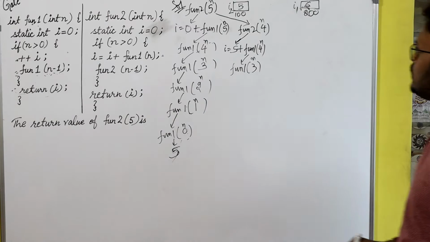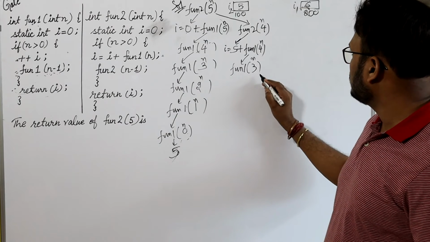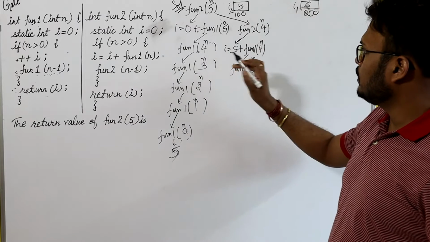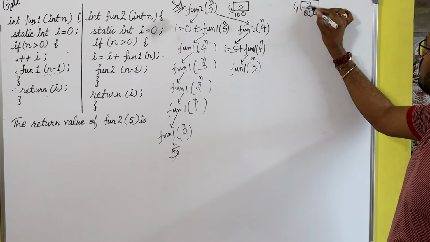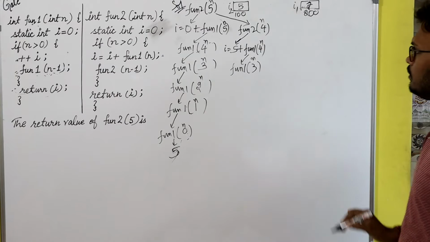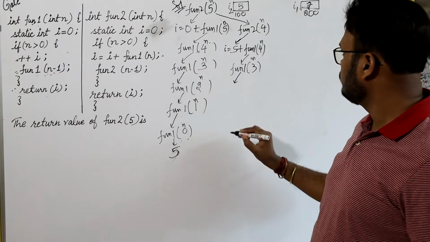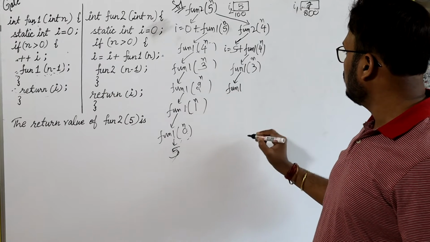Yes, 3 is greater than 0. Since 3 is greater than 0, the value of I will be incremented by 1, that is 7. Now again fun1 will call fun1.